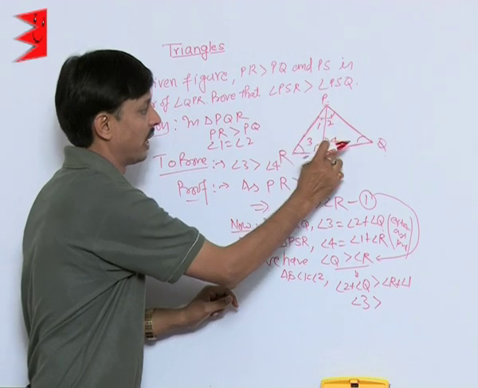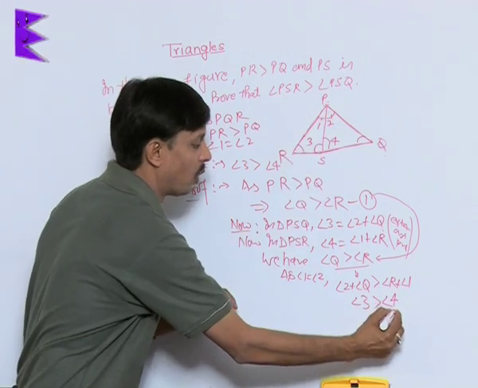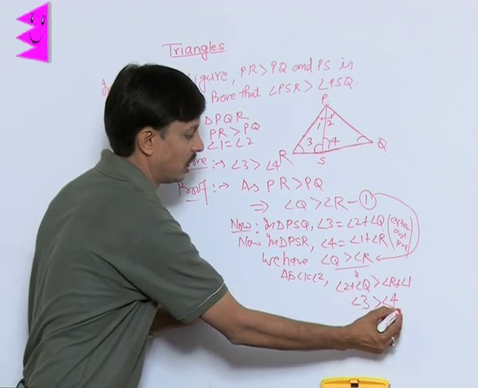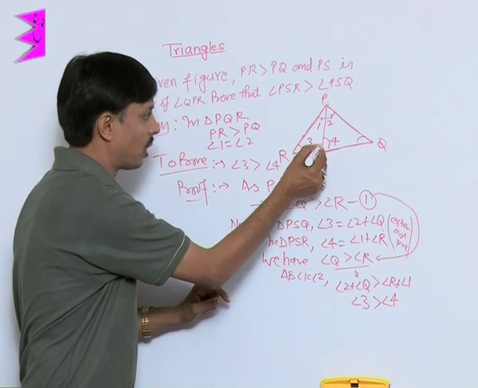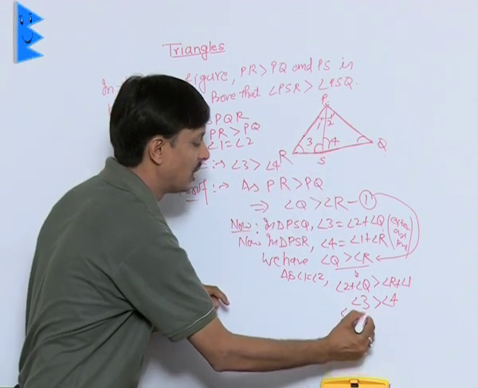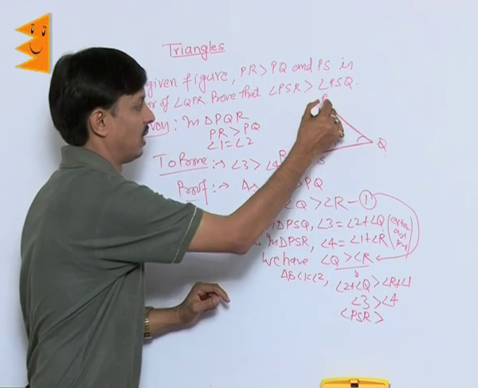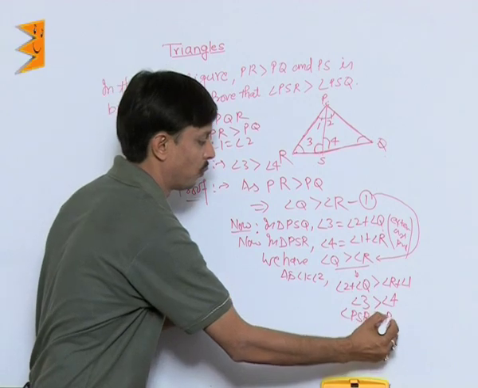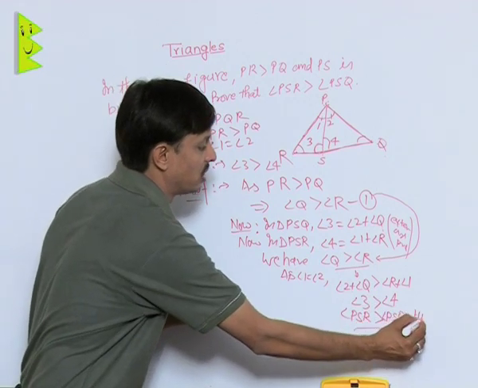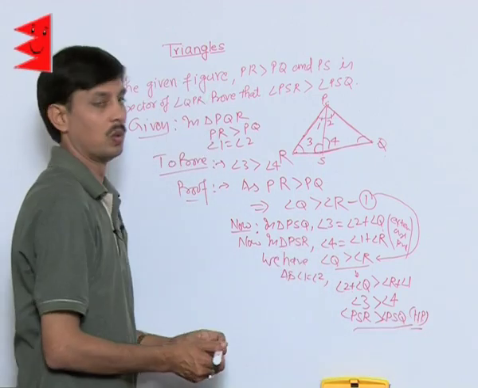R plus 1 can be replaced by angle 4. So this is the required result, that angle 3 is greater than 4, or the complete name of angle 3 you can say PSR: angle PSR is greater than 4, that is angle PSQ. This is the required result which we need to show.